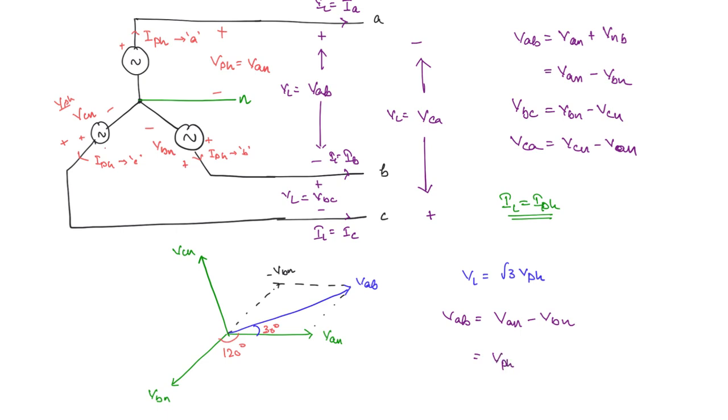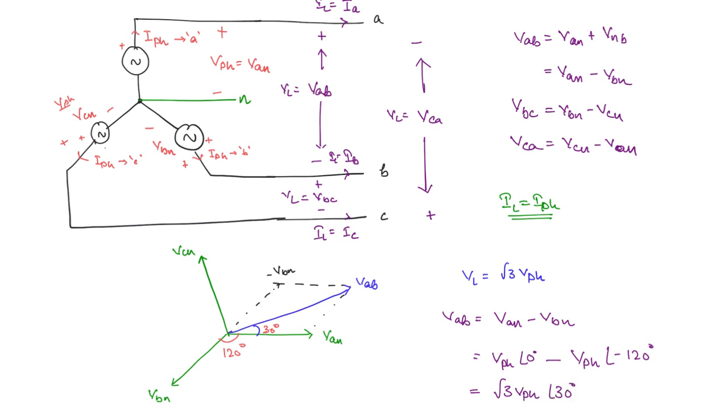It will have the phase value magnitude V phase if you take angle 0 degrees, minus VBN will be V phase angle minus 120 degrees. Okay. So this if you simplify, you're going to get root 3 times V phase angle 30 degrees. So you can see that the magnitude is root 3 times the magnitude of the phase. Okay. And it is leading by 30 degrees.